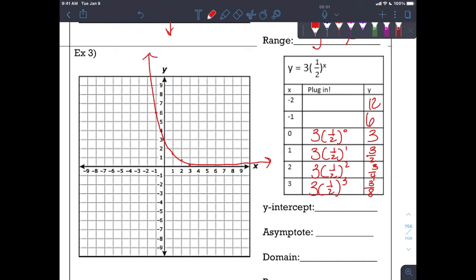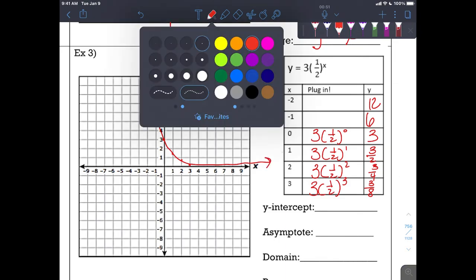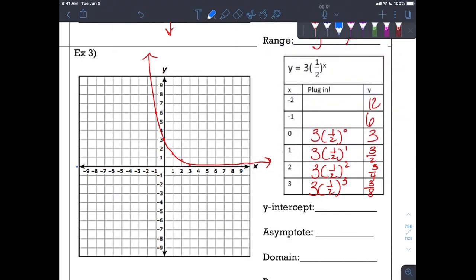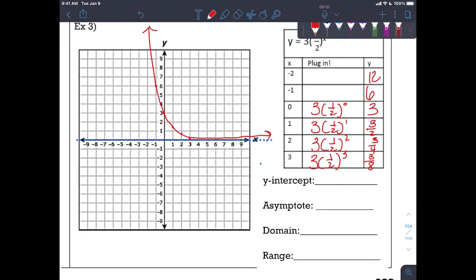And again, it doesn't have to be exact. Okay, let's draw in that asymptote. And it's located at y equals 0. So my y-intercept is located at 0, 3.